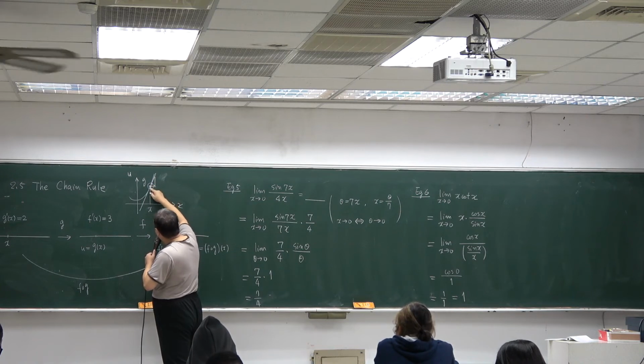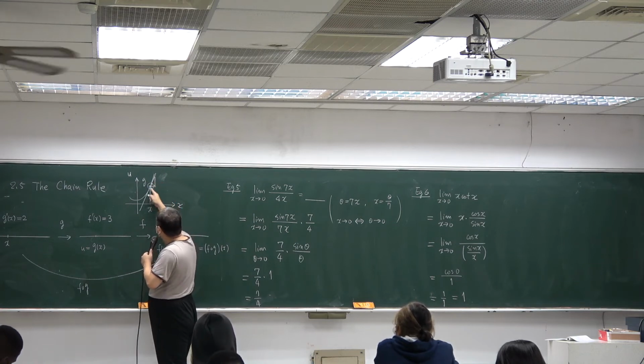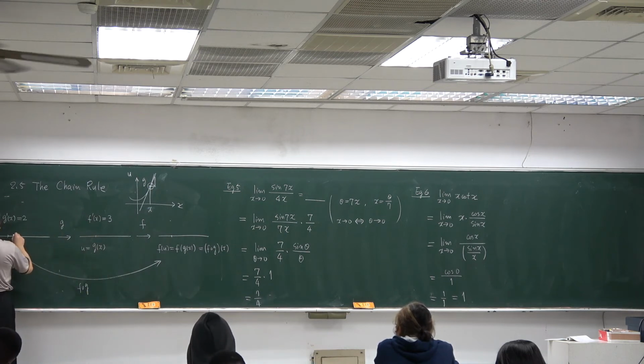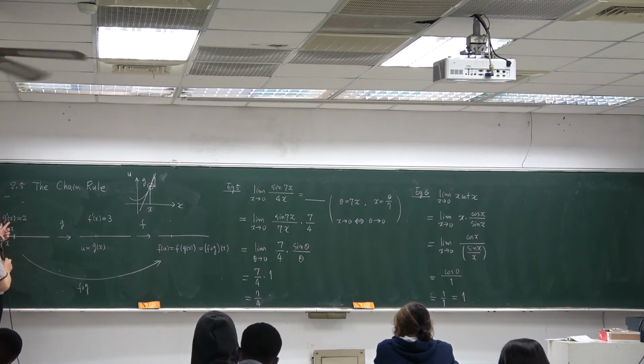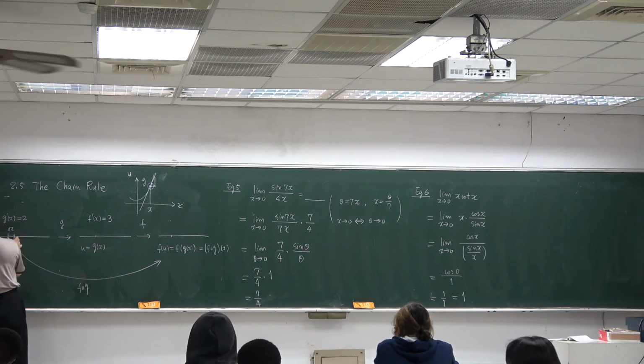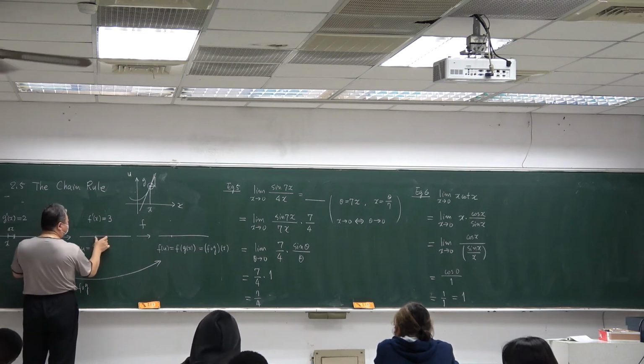So if this increment is very small, then the increment of g is almost 2 times of this one. So if we write this as delta x, this is small, g prime x is 2, means delta u is 2 times of delta x.